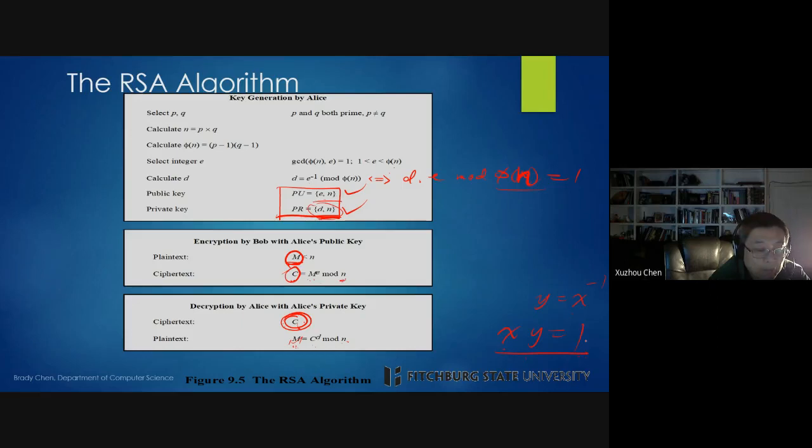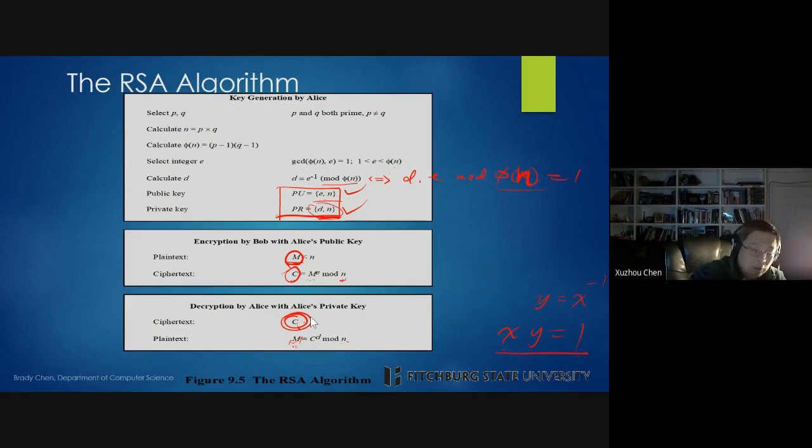So we say D is a multiplicative inverse of E, but in this case under modulo phi of n. So it's a modular inverse. Any questions?